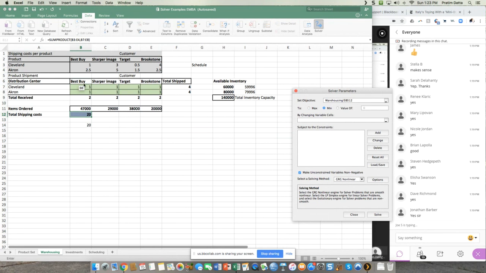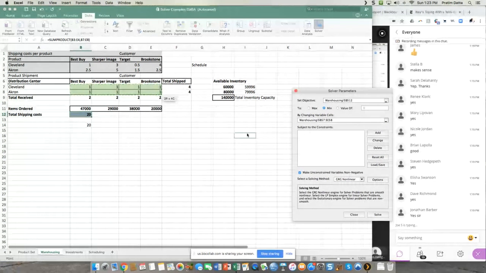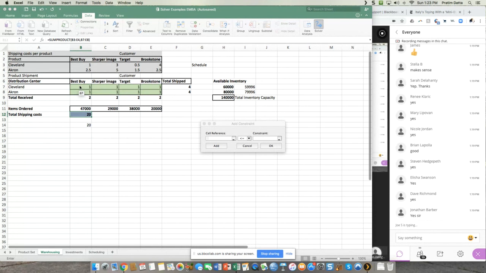What do we want to change? We want to actually figure out, this is the decision part, how many items to ship from which place to where. And what are the constraints? The first constraint is that our decision items that would be shipped must be integers. The second thing is that what we are shipping can't be less than 0, so greater than or equal to 0.